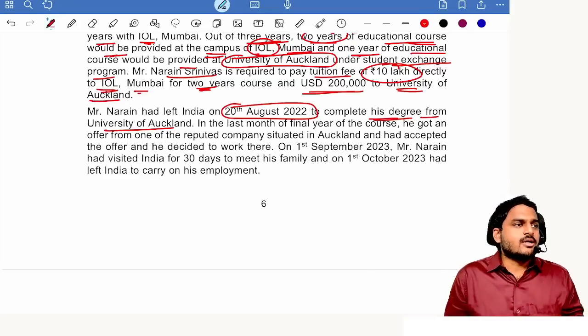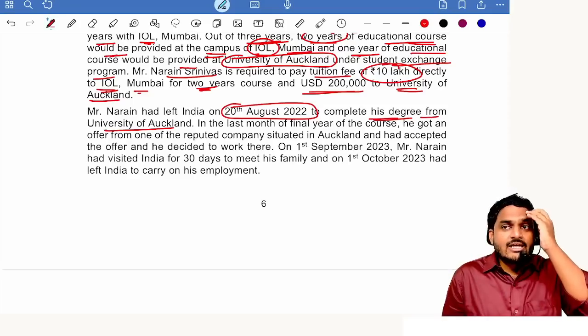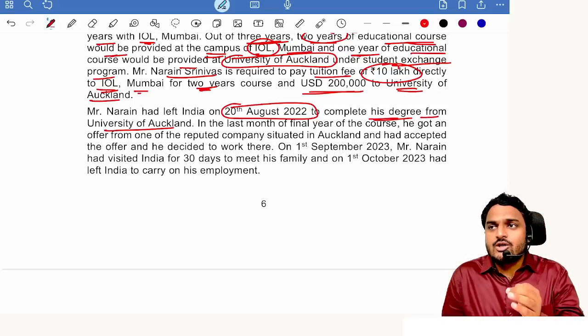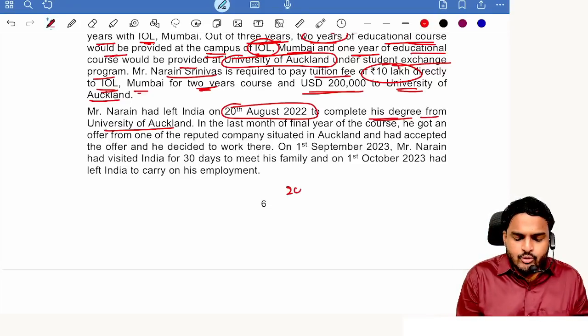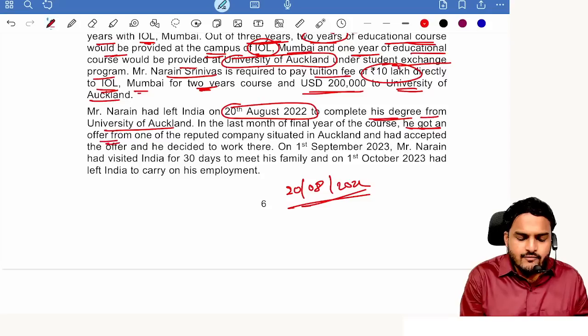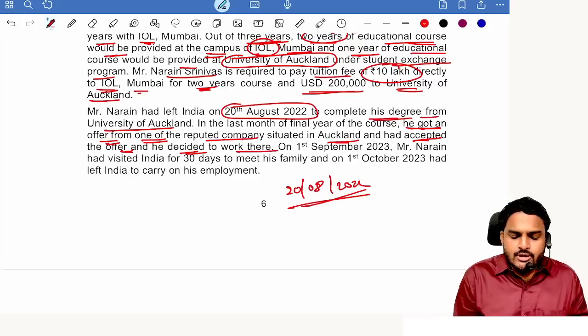Any student leaving India for the purpose of higher studies abroad, from the date he left country, he is assumed to be non-resident and he is a non-resident. Okay, that means, from 20th August 2022 onwards, non-resident. He got an offer from one of the reputed companies situated in Auckland and accepted the offer. He decided to work there. So he became employee. On 1st September 2023, Mr.